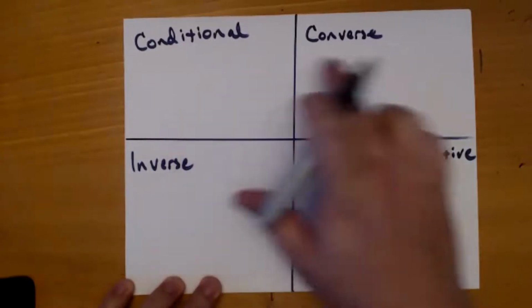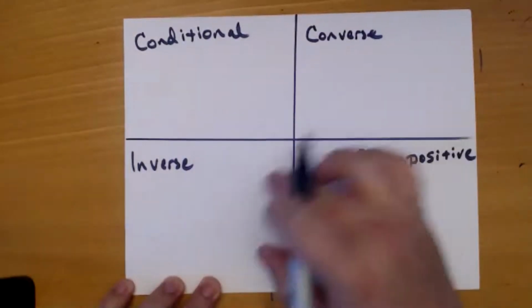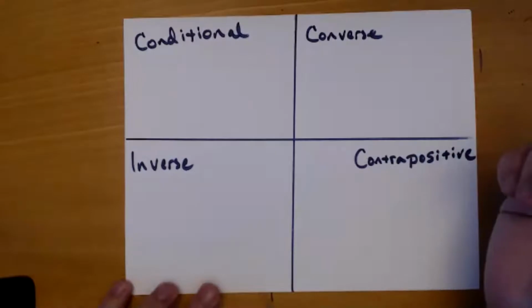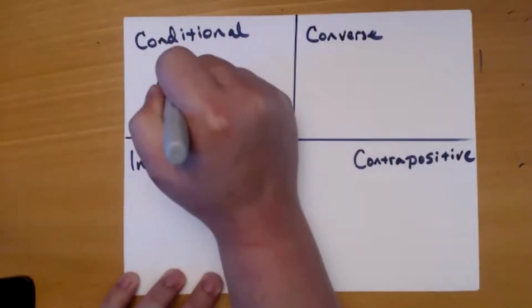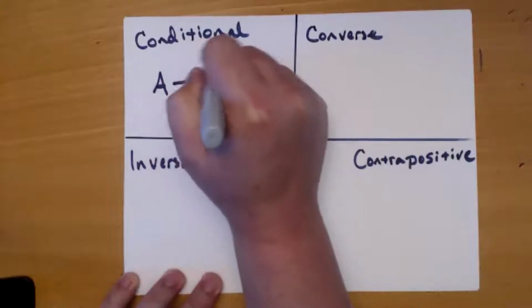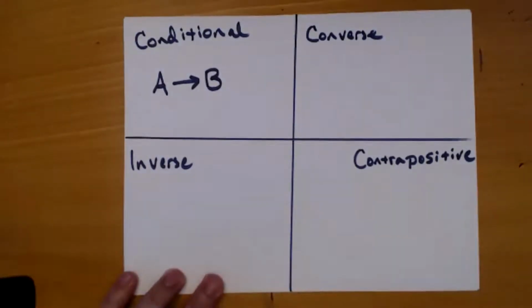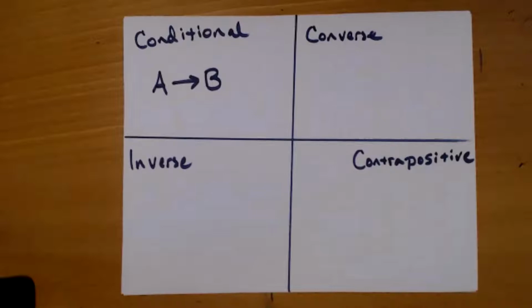But I just want to write down all the facts that we've gotten for the 3 that we've already talked about. So the conditional is the one that we started with yesterday. It's the if then, and it's normal. If I go to the store, then I will buy a soda.